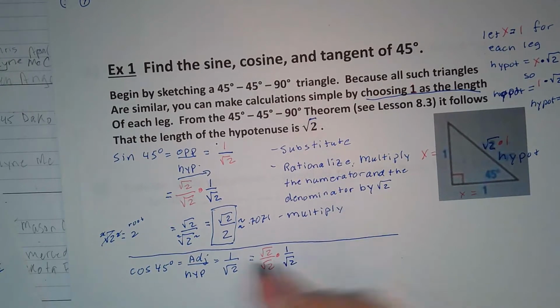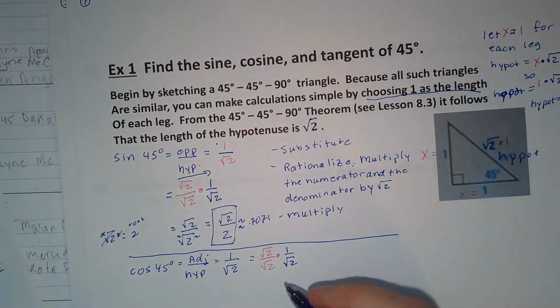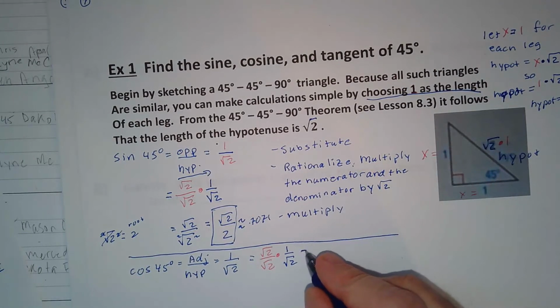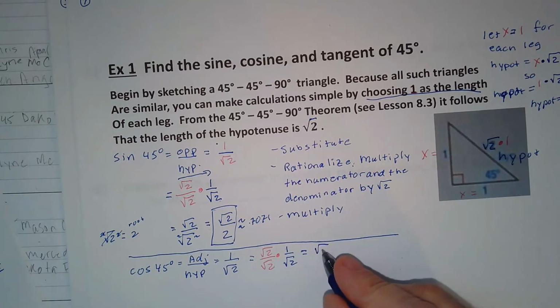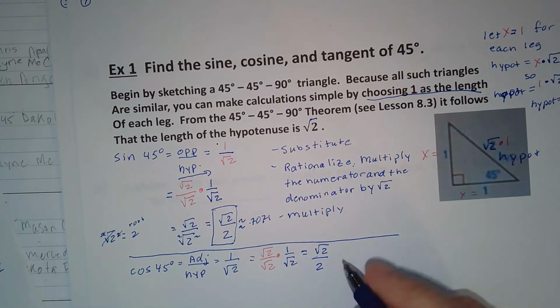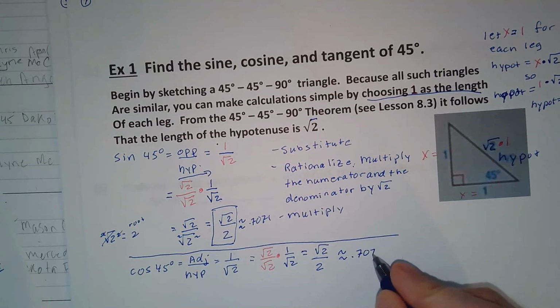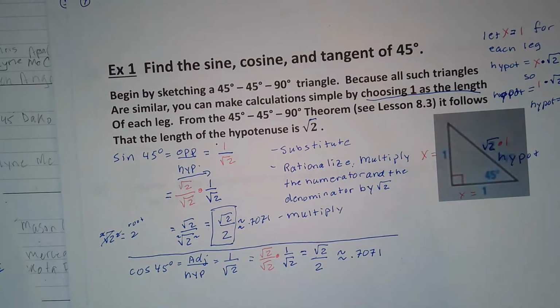I'm just going horizontally here because we're kind of low on space. So that multiplies together as square root of 2 over 2 again, right? And that also is approximately 0.7071.